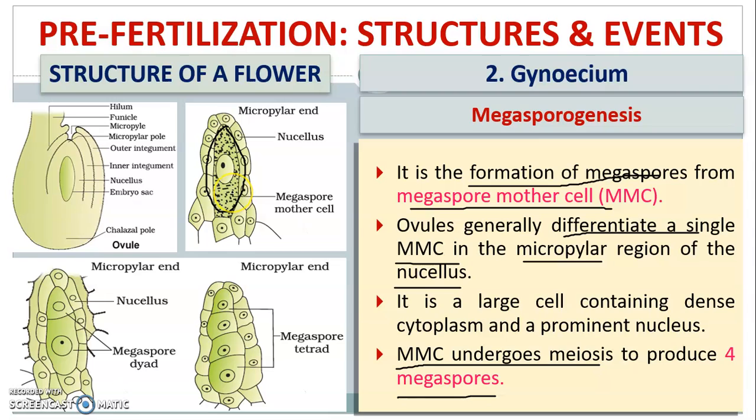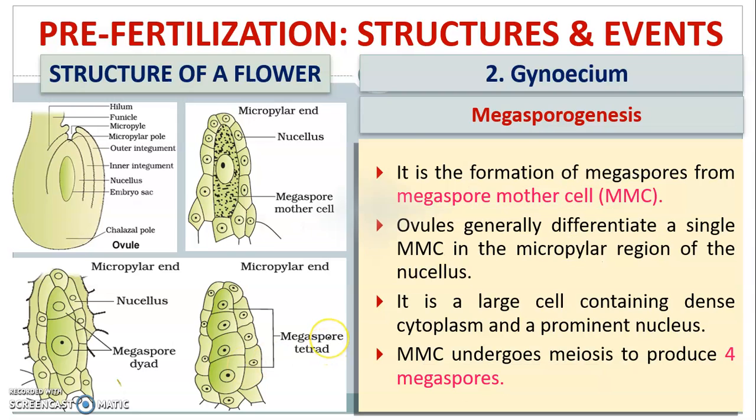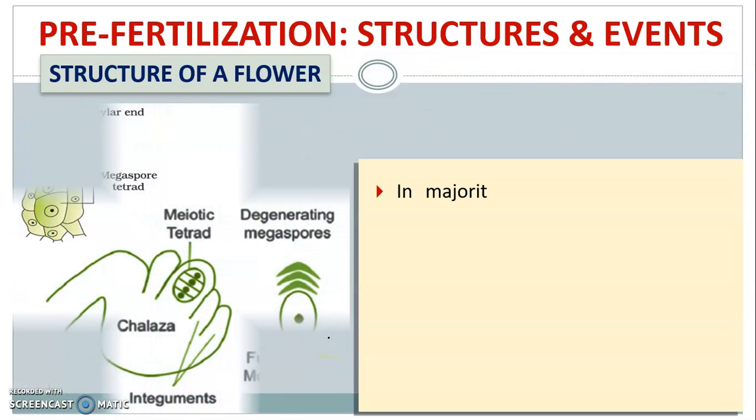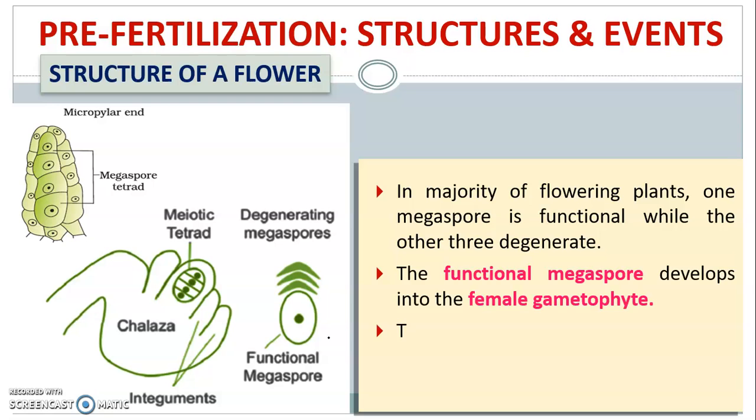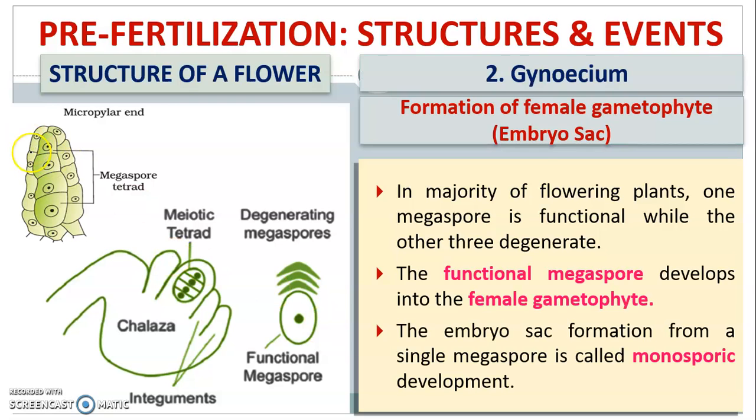So this is the single megaspore mother cell. Through the successive stages after meiosis, 1, 2, 3, 4, 4 megaspores, and this condition is known as the megaspore tetrad condition. Tetrad means 4.